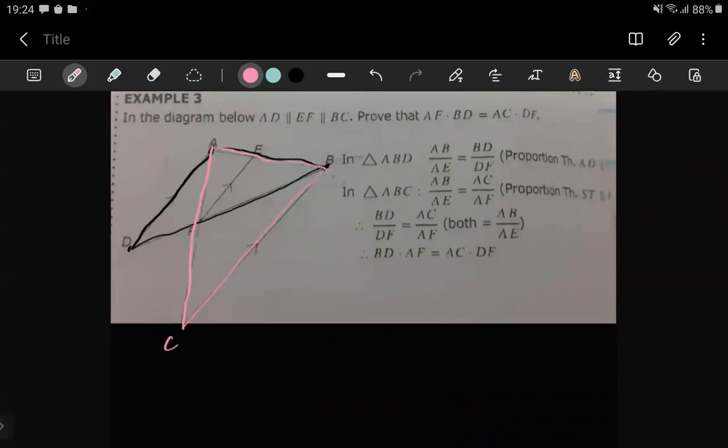Now with these two triangles, in triangle ABD, they wrote here that AB over AE is equal to BD, which is the long line over here, over DF. Yes, that's correct.